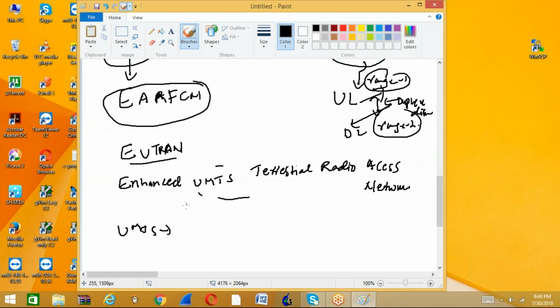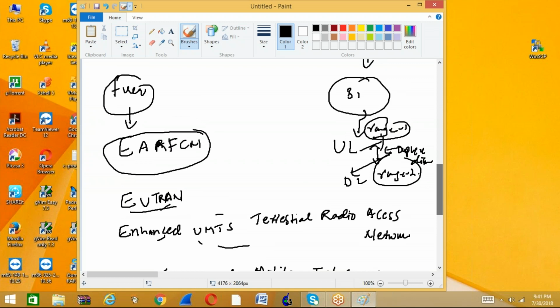Again, you don't have to bother about all these stories, guys. UMTS stands for Universal Mobile Telecommunication System. So we have UMTS, E-UTRAN and EARFCN.